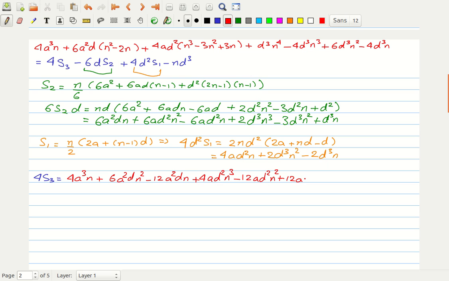I agree that this is very hairy algebra, plus 4 a d plus 12 a d square n.